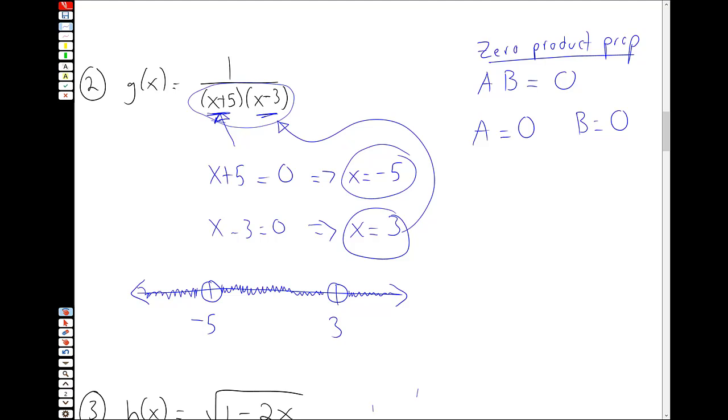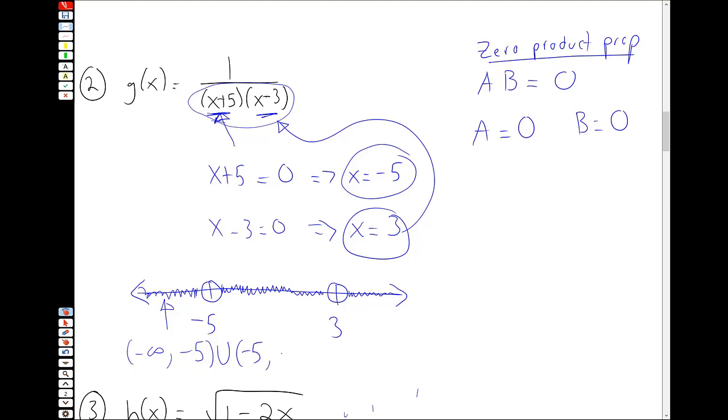Now, how do we write this in interval notation? This part of our real line would be negative infinity all the way up to negative 5. Notice I'm using an open bracket because I don't want to include negative 5. Remember, that's our bad number. Now I'm going to put a U here for union. This means and, well, or sometimes, but in any case.